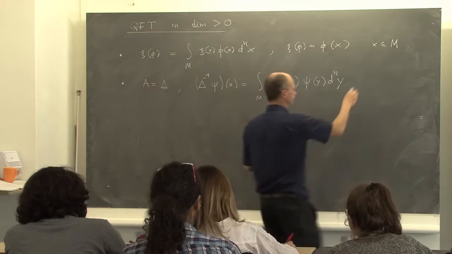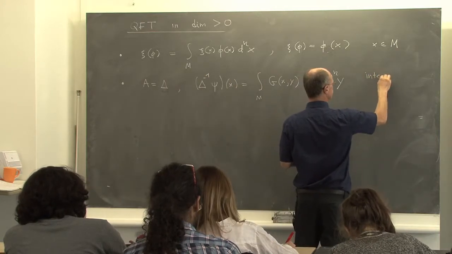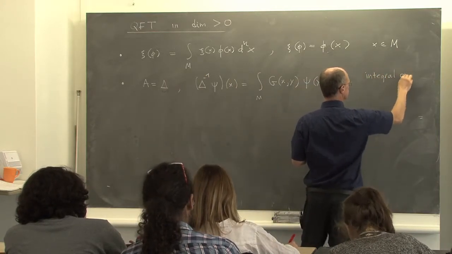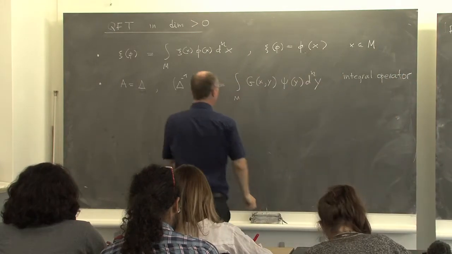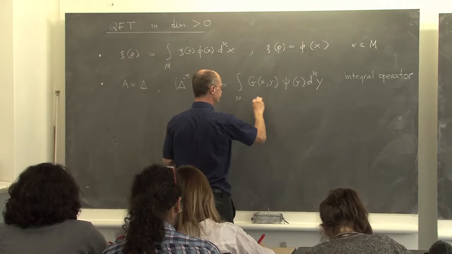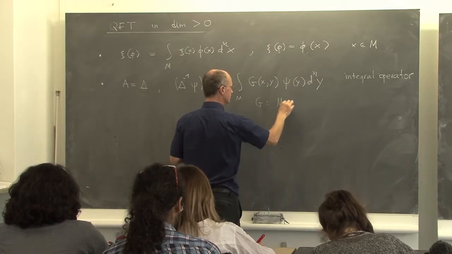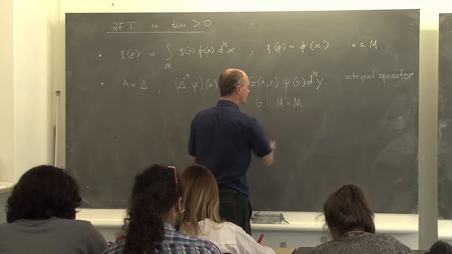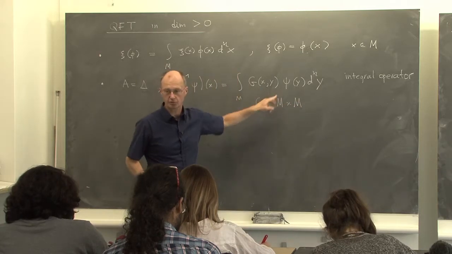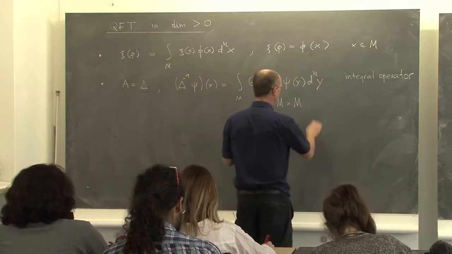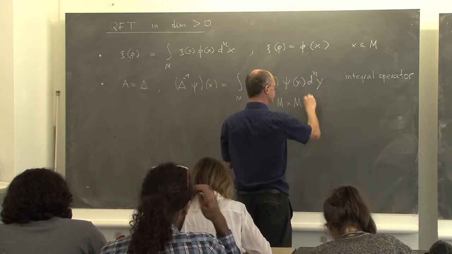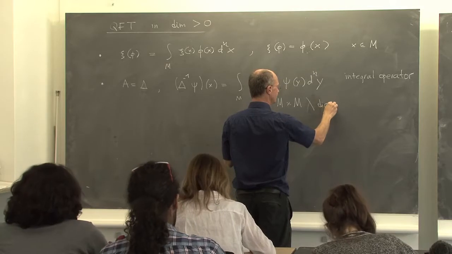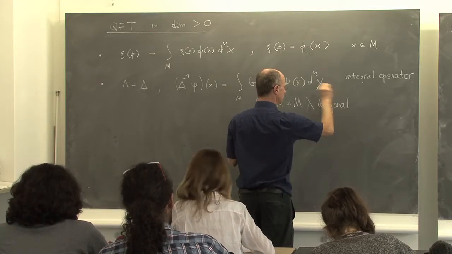So an integral operator, and G is a function of two variables, a function on M cross M, and usually you should take away the diagonal, because we'll see there might be some problems.